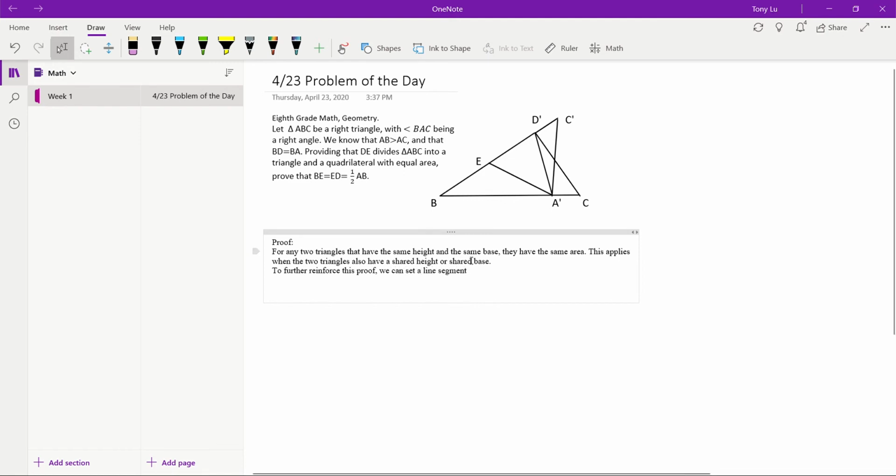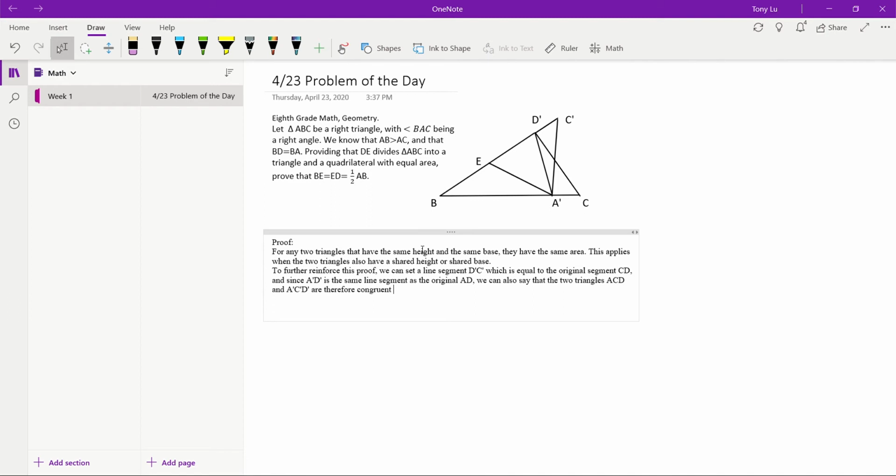So I'm writing, to further reinforce this proof, we can set a line segment D'C', which is equal to the original segment CD, and since A'D' is the same line segment as the original AD, we can also say that the two triangles ACD and A'C'D' are therefore congruent to each other.